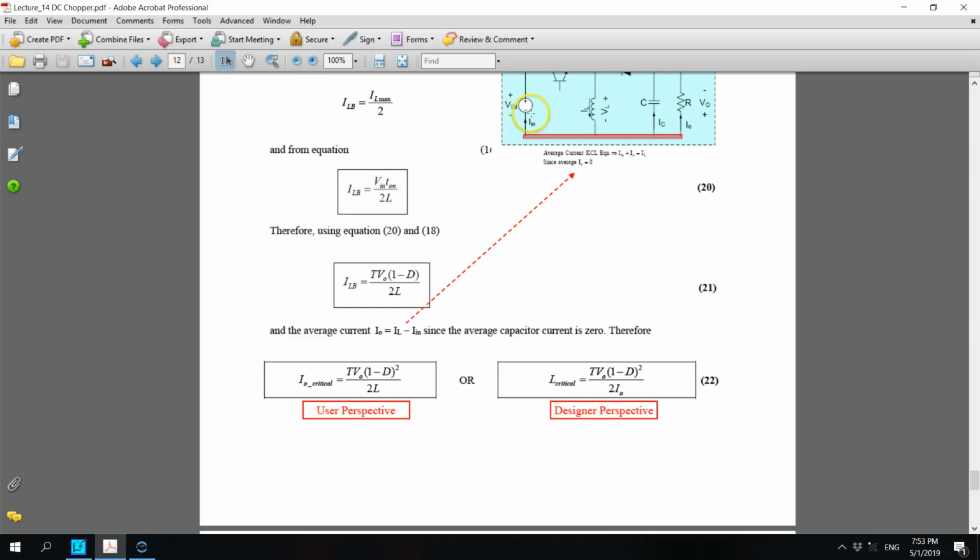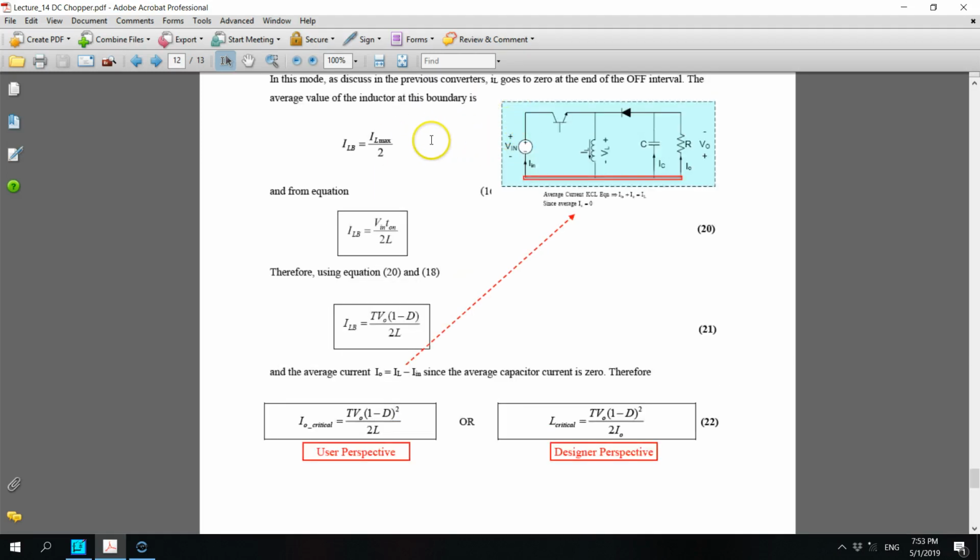Alright, now we're going to use this equation. At the boundary, at this node, if you look at the average current, not the instantaneous current, we have IL equals Iin plus IC plus Io. But we know that the average IC, the average capacitor current, will always go to 0. Why?